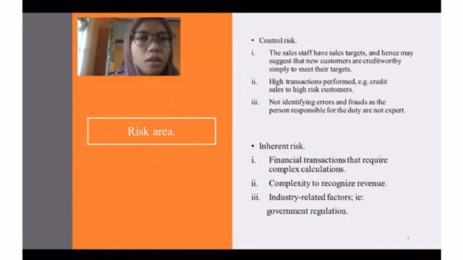For example, it's either a company recognizes the revenue once they receive the order or once they ship the goods. Therefore, the complexity in recognizing revenue also leads to inherent risk. The third one is industry-related factors. For example, government regulation also affects the company's sales of goods.